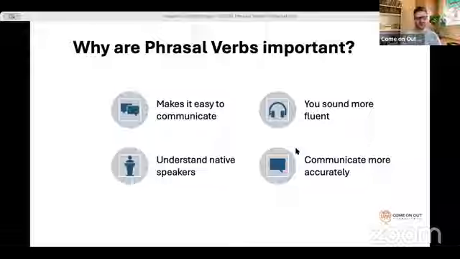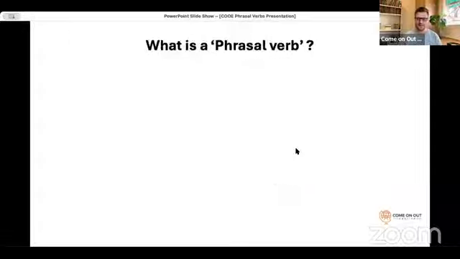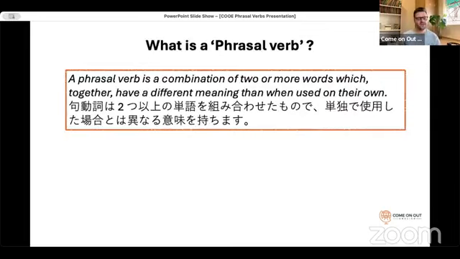So let's talk about what is a phrasal verb. So what do we mean when we say phrasal verbs? So first of all, it's important to know that a phrasal verb is a combination of 2 or even 3 words which when we put those 2 or 3 words together, their meaning together is different from the meaning they have when they are used on their own.